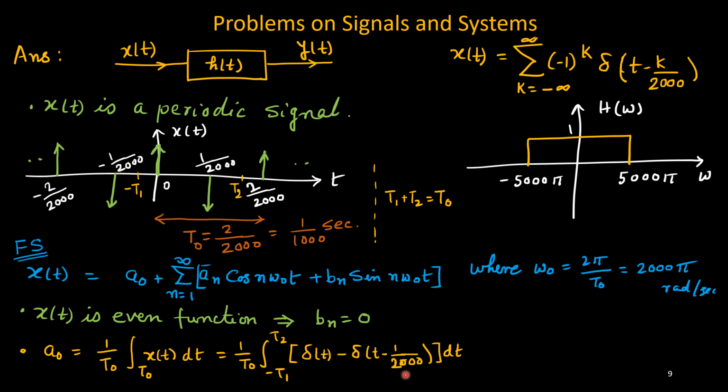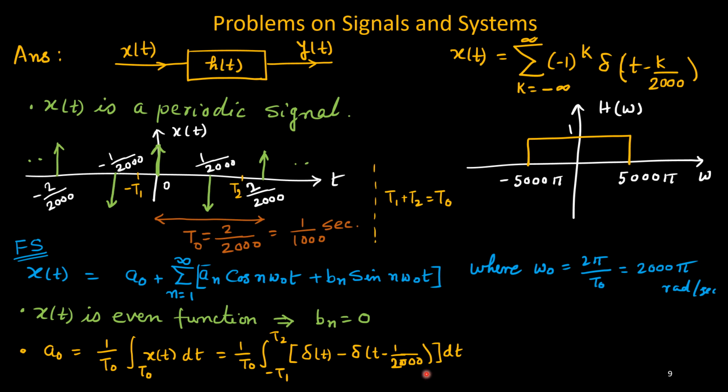Try to understand this, because we are considering one periodic signal x(t), but within one time period we need to integrate it. Within minus T1 to T2, I have two impulses: one positive impulse located at 0, and another negative impulse located at 1 upon 200.